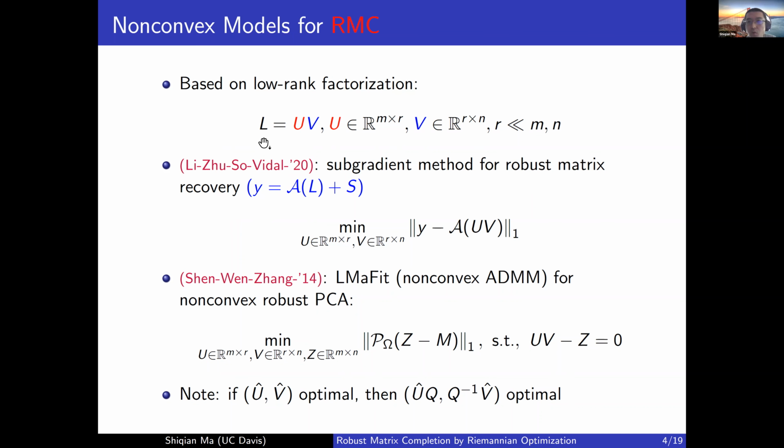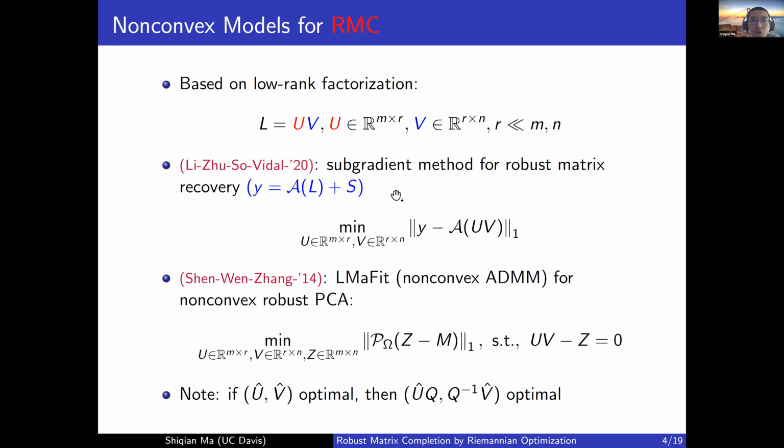We factorize L into the multiplication of U and V, which are two smaller matrices. The size of L here is M by N. Now we factorize it as U times V, where U is M by R and V is R by N, and we choose R to be much smaller than M and N.